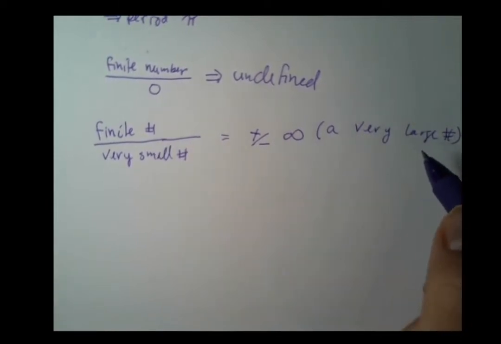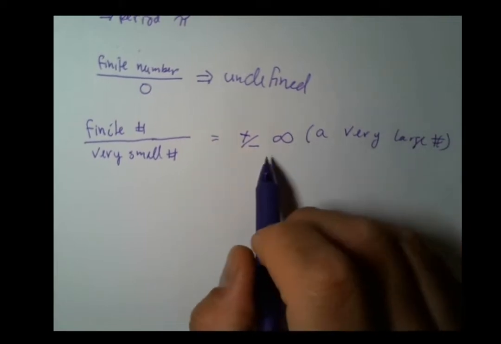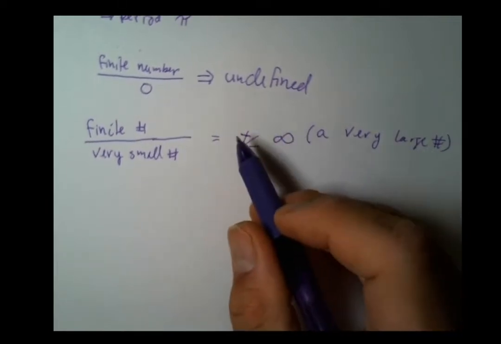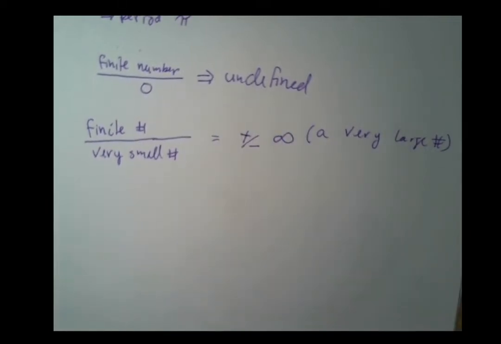So we say it's equal to infinity, but again, infinity is not exactly a number, more of a concept. So think of a finite number over a very small number, we get a very large number. And as that number gets smaller and smaller, those values tend to infinity. They grow without bound, is what we say. Okay, so we're going to see how that plays into our graph of the tangent and the cotangent.